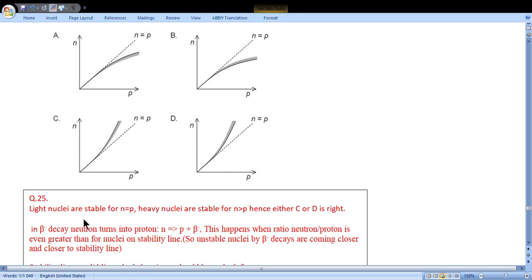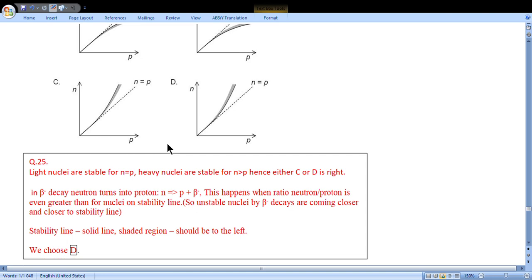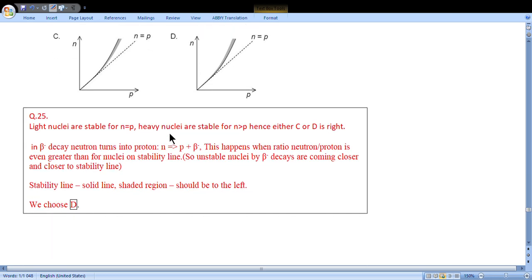Light nuclei are stable for n equals p. Heavy nuclei are stable for n more than p. So n more than p is C and D, not A and B. Here the solid line is correct. The solid line is for stable nuclei. So we should consider C and D.